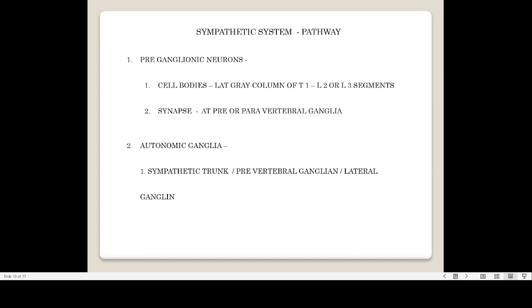That is number one. Then the autonomic ganglion is usually called the sympathetic trunk, prevertebral ganglion or lateral vertebral ganglion.